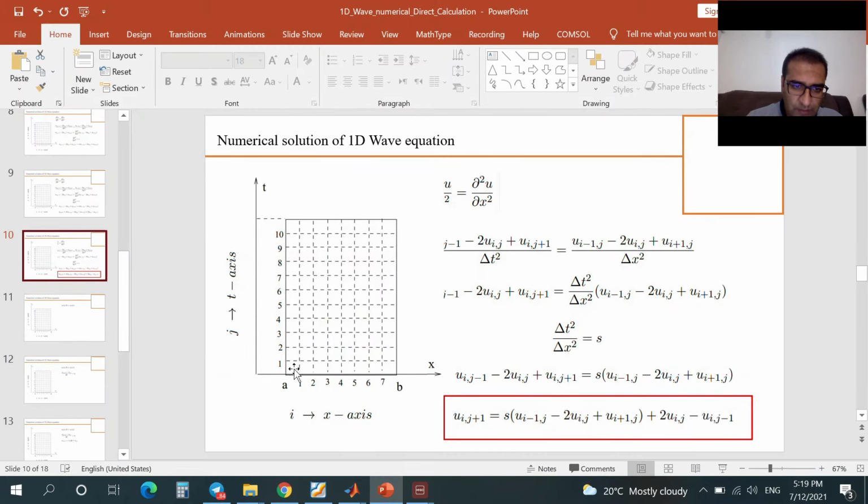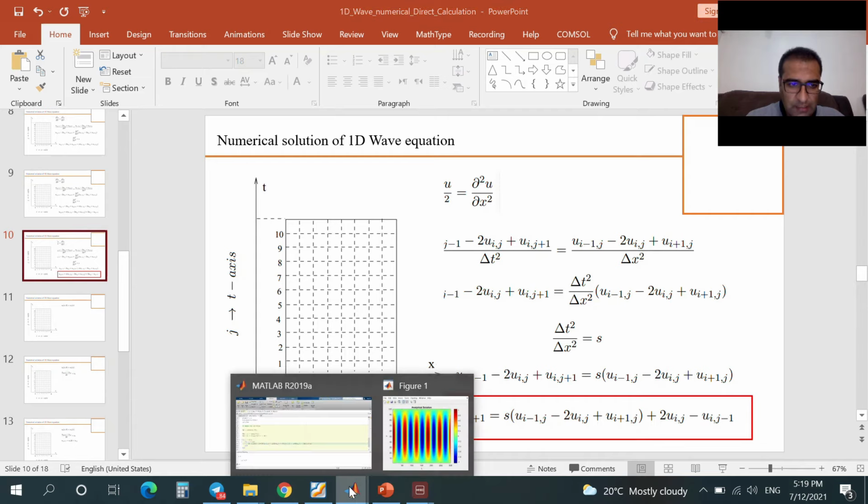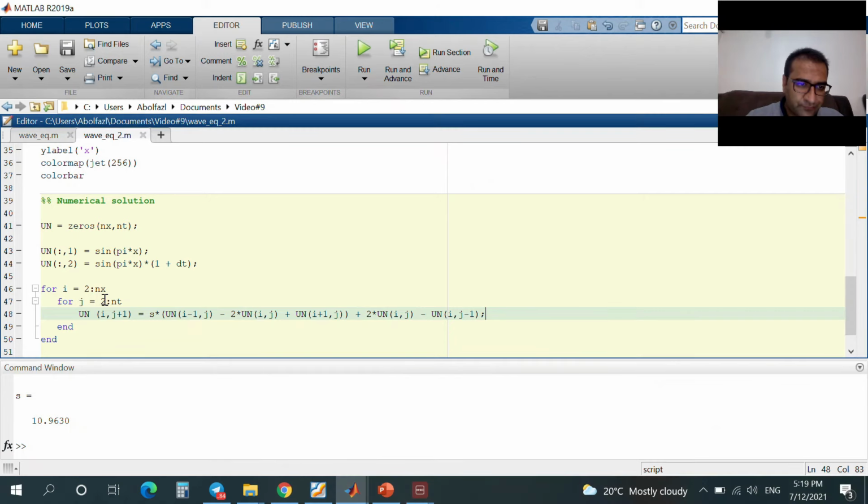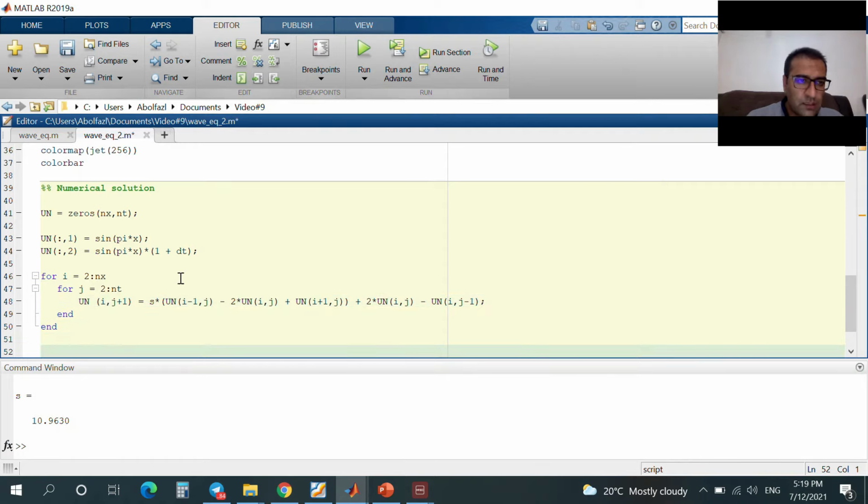If you count 1, 2, 3, right? This is 1, this one is 2, and this one is 3. And when we start from 2, by default, we will calculate the third grid. And here we will have 2 minus 1 is 1, first grid, 2 second grid, and third grid here, right? I think everything's correct.